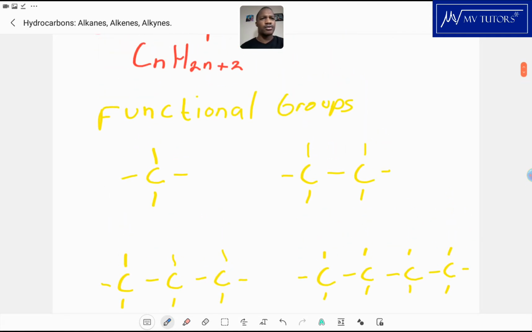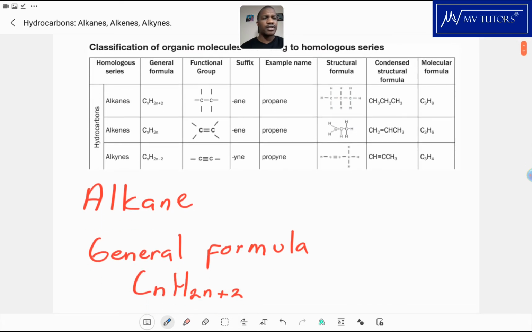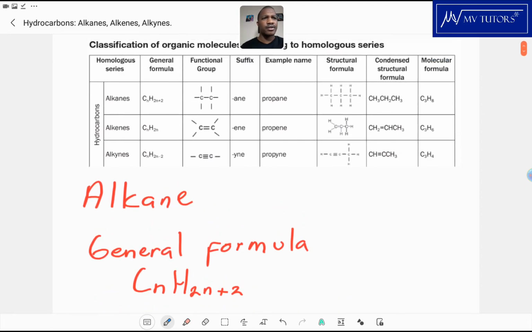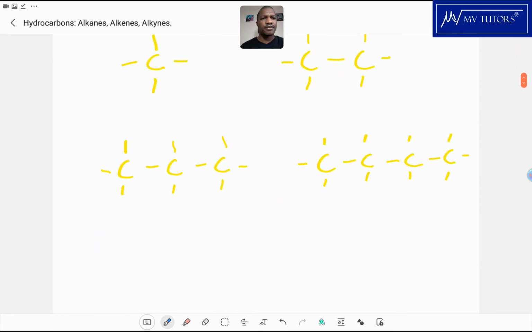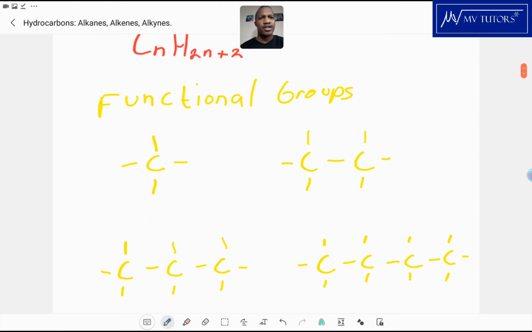Now, let's talk about the structural formula, how this is written, before we talk about the suffix and so on. The structural formula is just this, and you must complete it with the hydrogens.